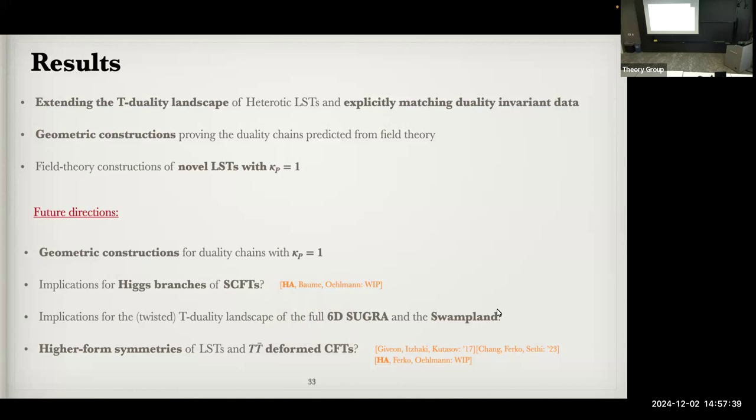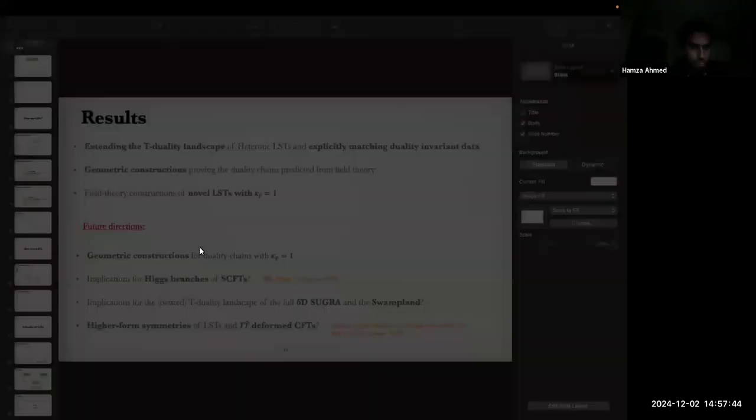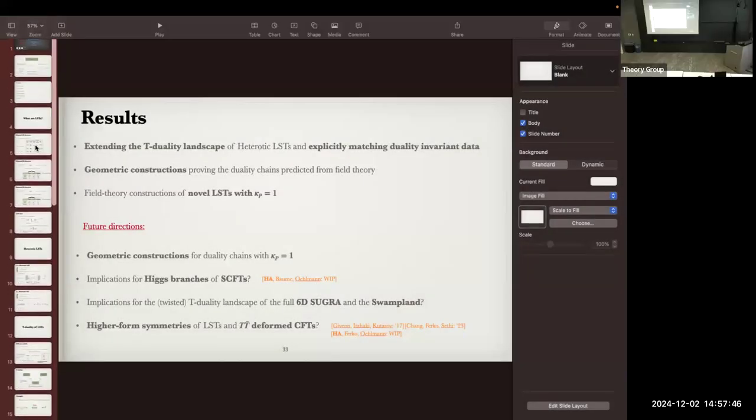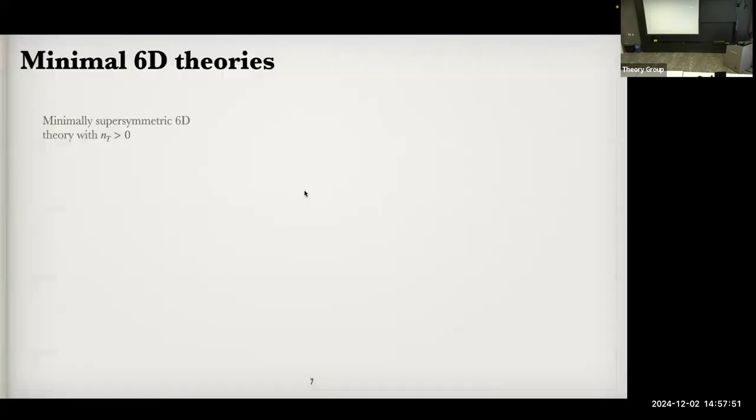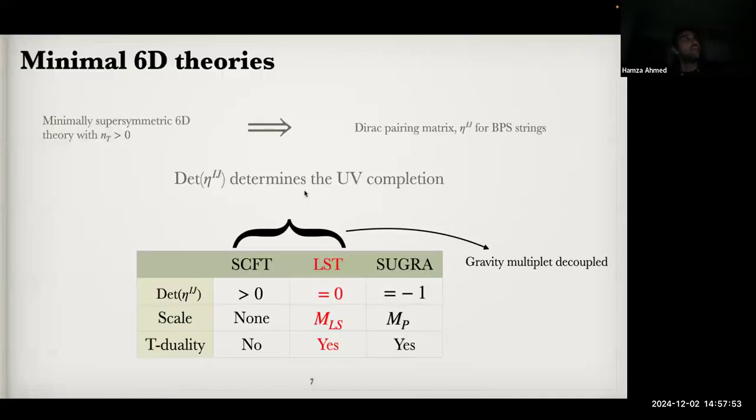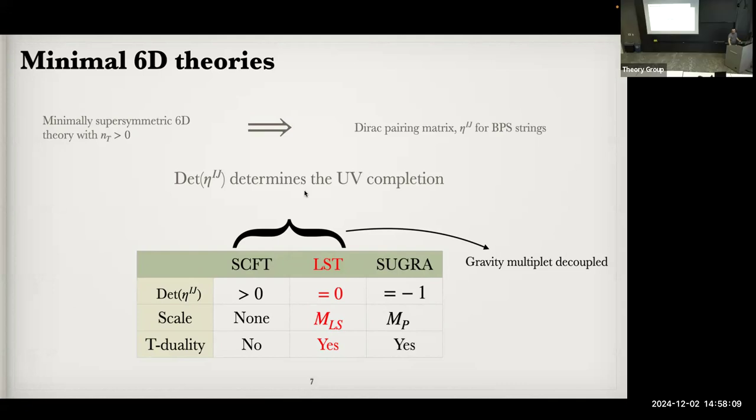In 6d, the determinant condition you gave in the beginning, classifying the cases as SCFT, little string theory, and gravity, does that have a bulk interpretation already in 6d? Well, 6d SCFTs, for example, have a bulk description conjectured to be the near horizon limit of the M5 brane.